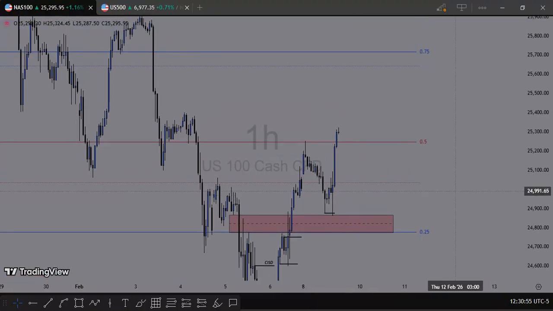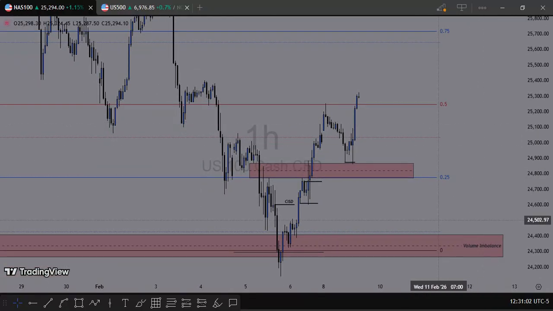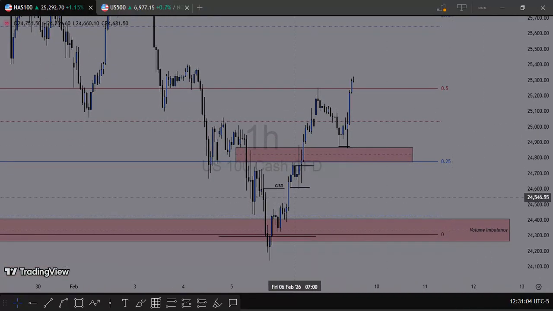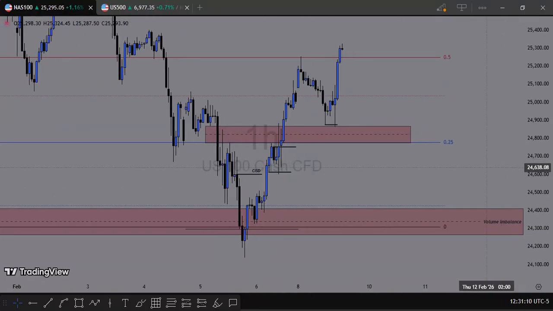So that makes sense for me to continue seeking buy side, and that is why I took this trade over here. For the trade on Friday, once I got the change in state of delivery on an hourly, I just waited for this fair value gap over here.